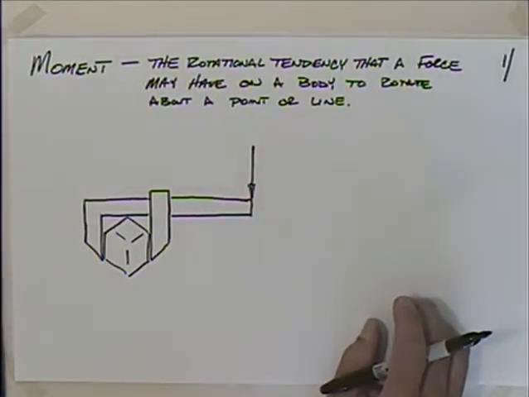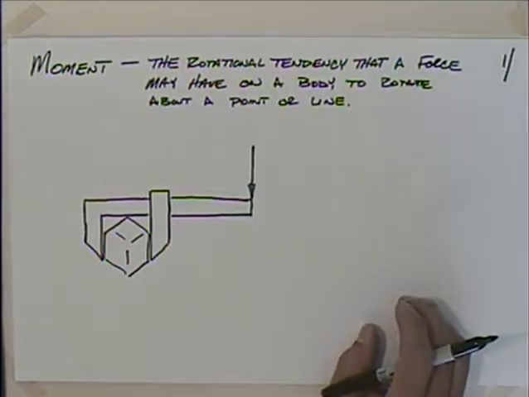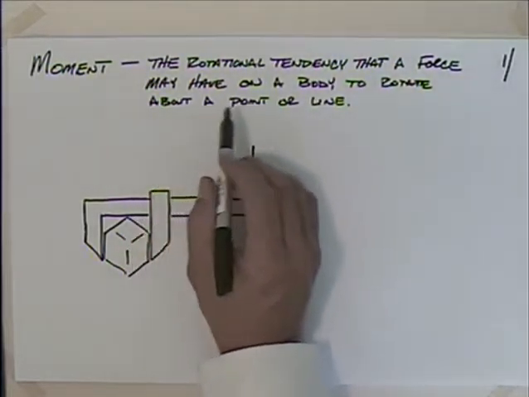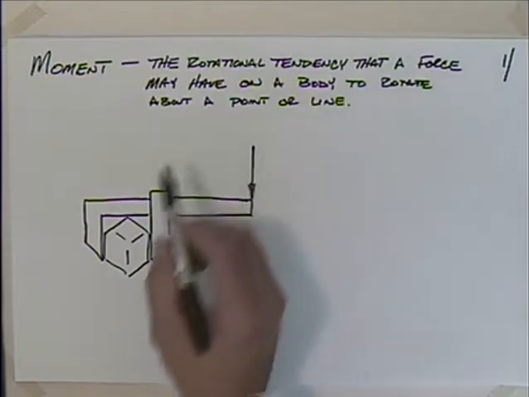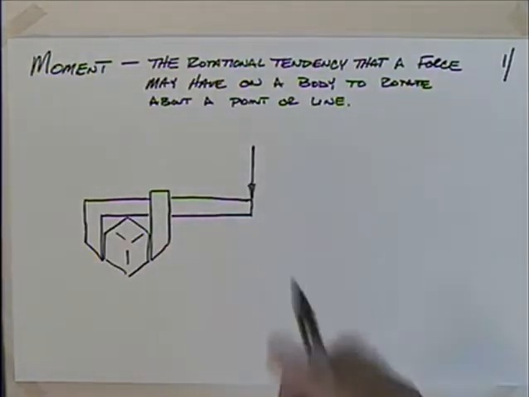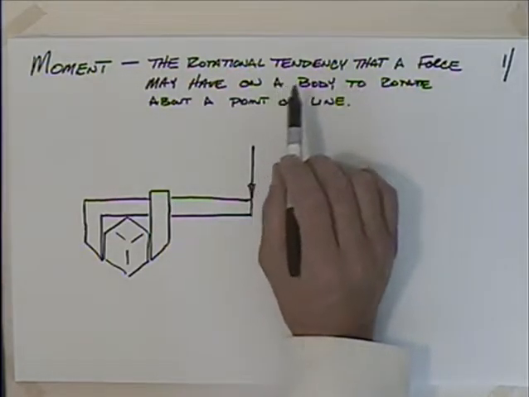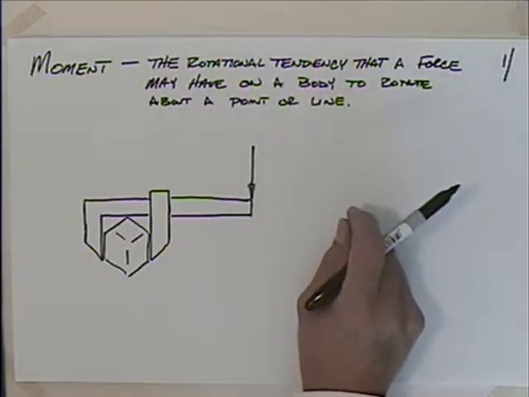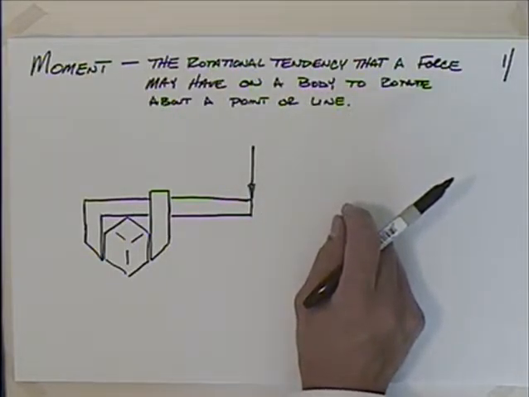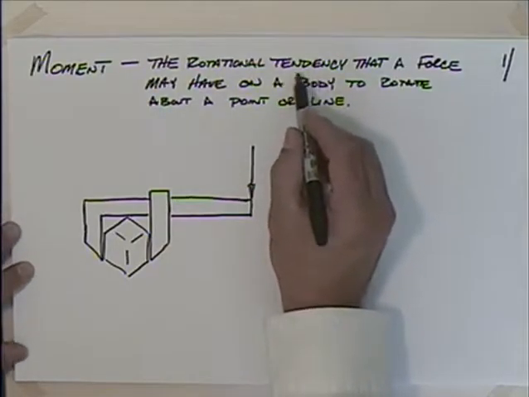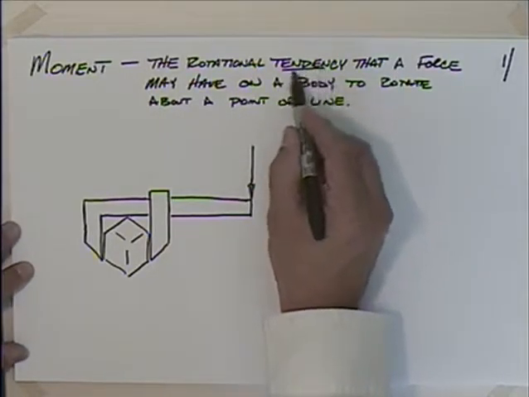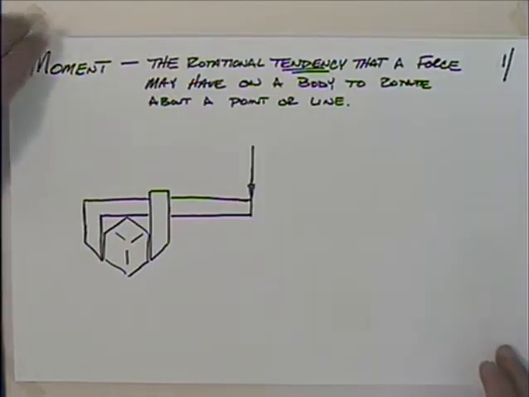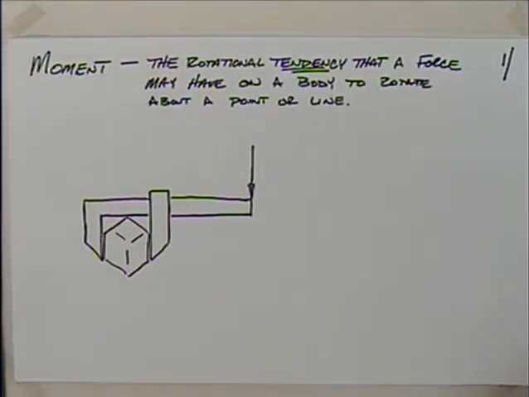Okay, so we could say that the moment is the rotational tendency that a force may have on a body to rotate about a point or a line. We could replace line with axes. Probably the most important word here, the key word, is tendency. A lot of times students will say, well, it's not rotating, so there's no moment. Well, no, that's not true. It only has to have a tendency to rotate.